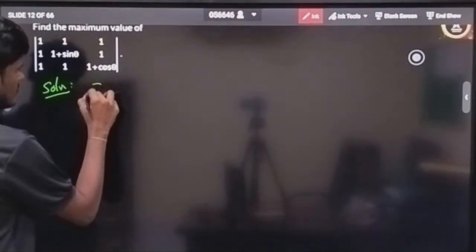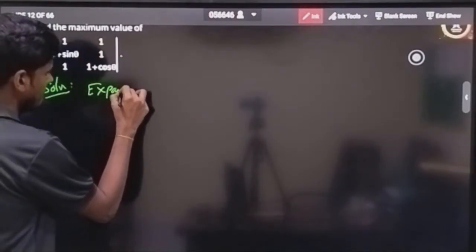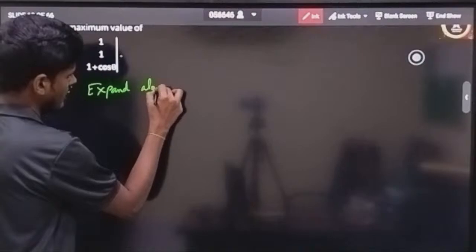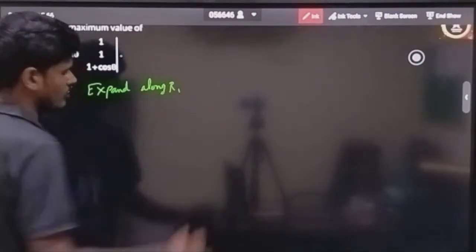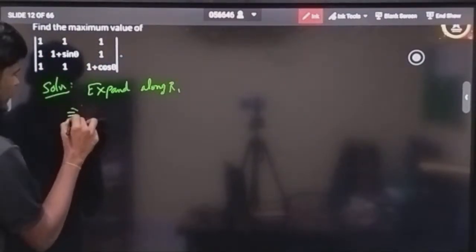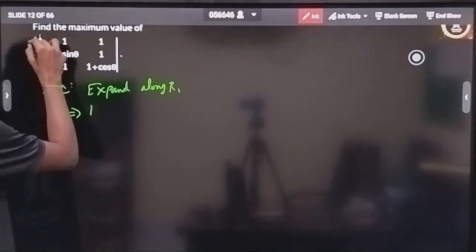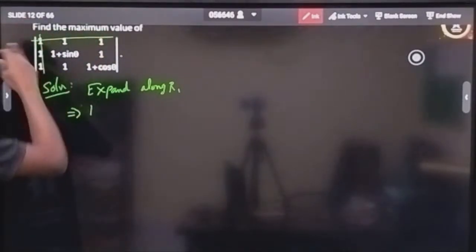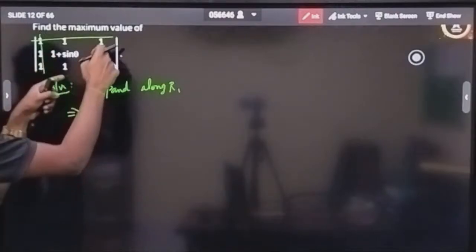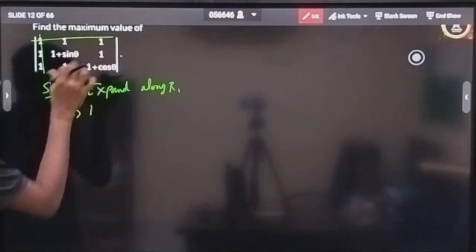First step is to expand this determinant along row 1. Then what will we get? 1 into, then we need to leave this row as well as this column, and multiply the other two, the determinant of the submatrix.